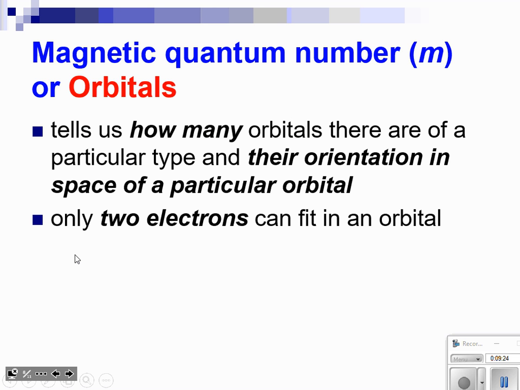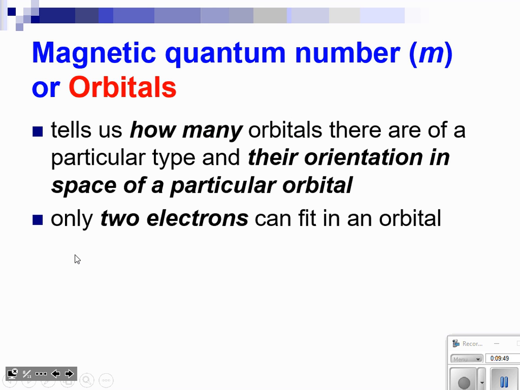2 electrons can fit per orbital. So the s can hold 2 electrons. The p has 3 different orbitals, so the p can hold how many electrons? 3 times 2 is 6, so there can be 6 electrons on the p orbitals.